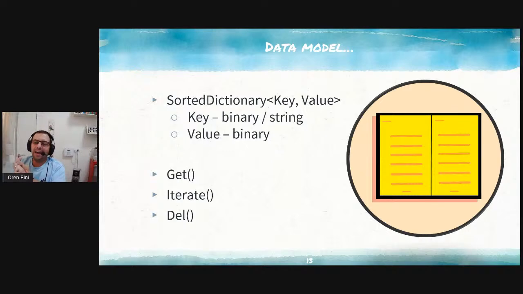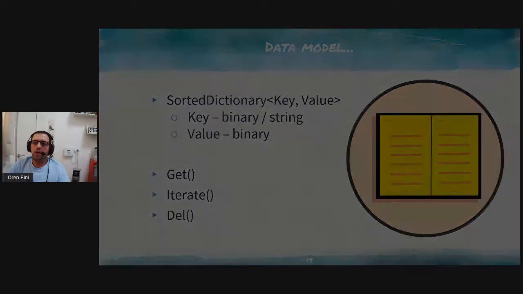You have get me an item by key, delete the key. There is also a set, obviously. And most importantly, you have the notion of iterate. And iterate means one thing: iterate in order from a particular position. Now remember, this is actually sorted. And I keep saying sorted because it's that important.